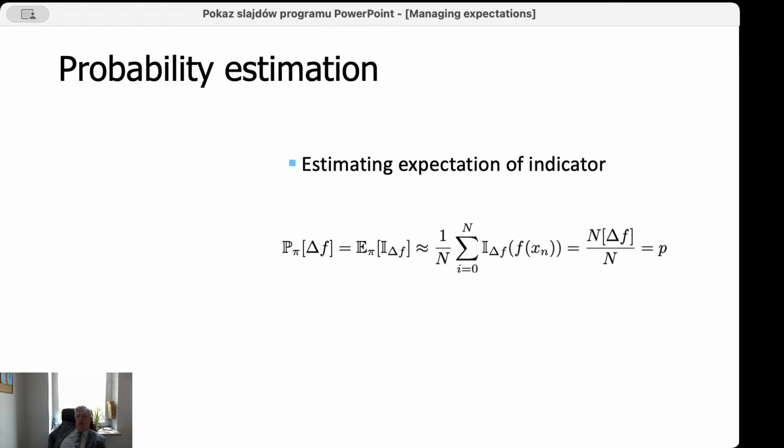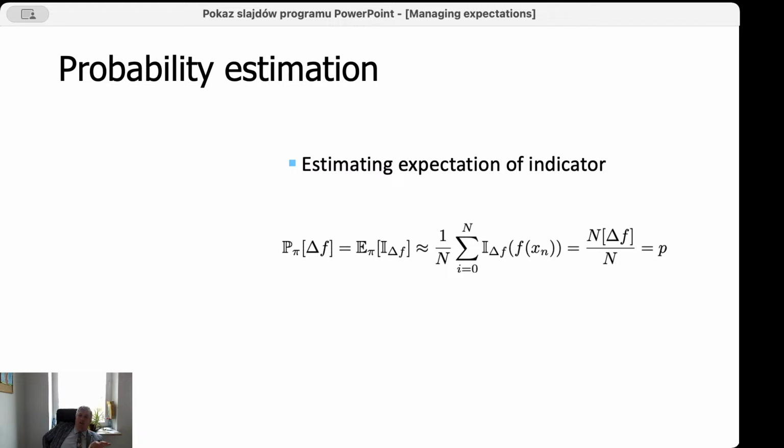So, in order to estimate the expectation of such an indicator, we just need to compute the arithmetical average of the indicator function values.